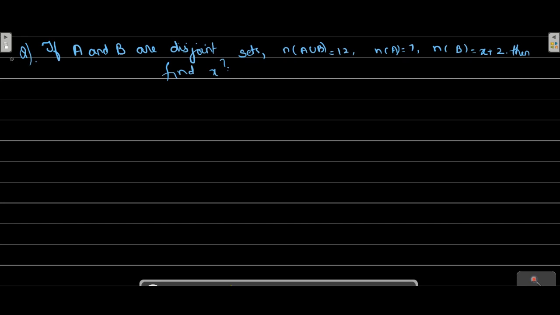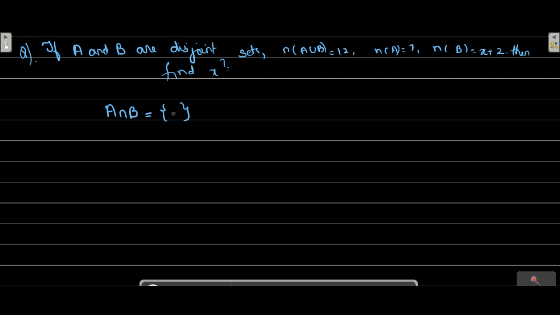in this question, A and B are two disjoint sets. What do you mean by disjoint sets? It means the two sets have nothing in common. Common thing means intersection, right? A intersection B has nothing in common, which means it is the empty set. When you form the set A intersection B, you will get a null set.